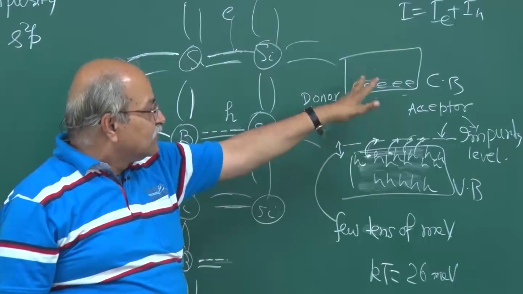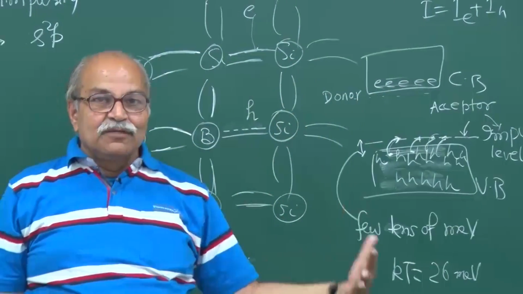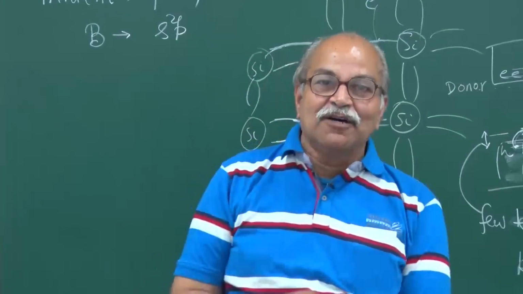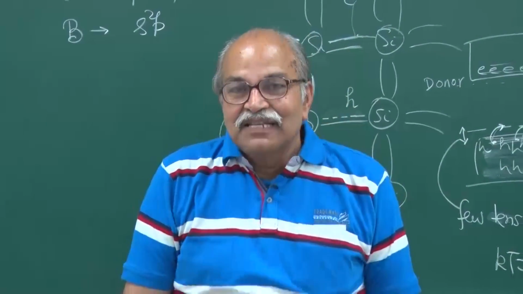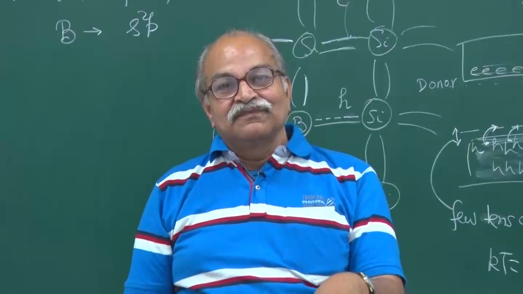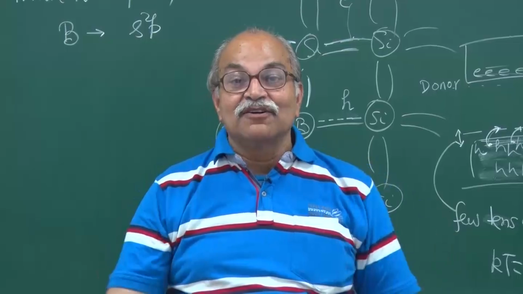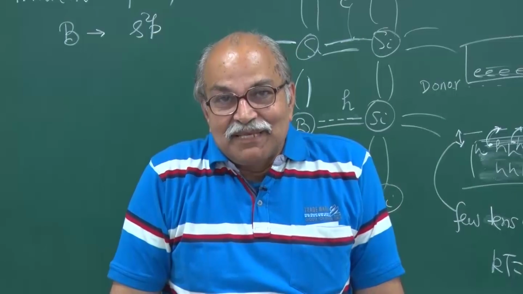So this is another name. So these are the kind of doped semiconductors which are the real strength of all semiconductor electronics. The way you dope, you can create varieties of applications of semiconductors.